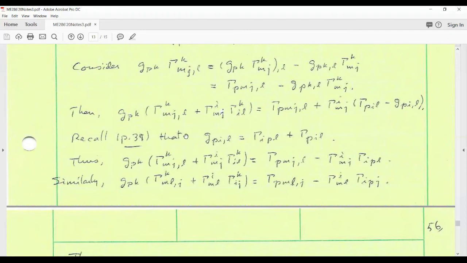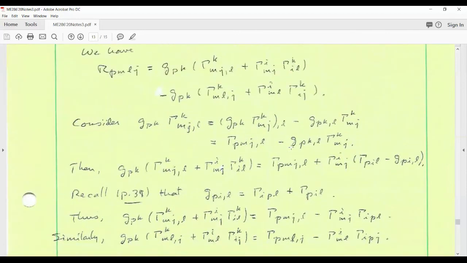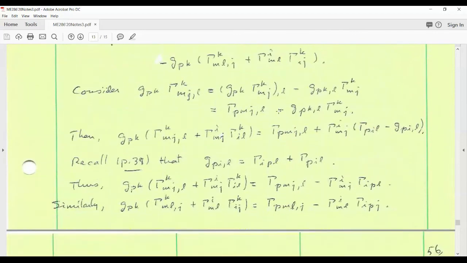Okay, so we have this result by using this formula from page 39, if you go back and look. So I've taken care of the first line here. Now I want to do the same thing for this. The only difference between this line and this one is I've interchanged L and J. The second line is the same as the first line if I interchange L and J. So if I interchange L and J in this formula, I get this.